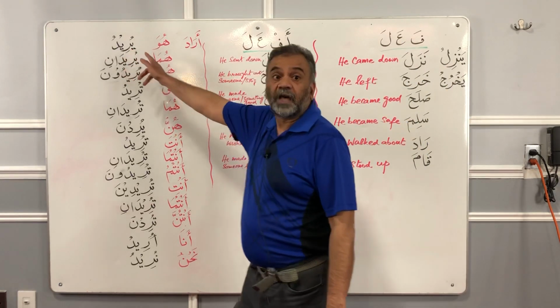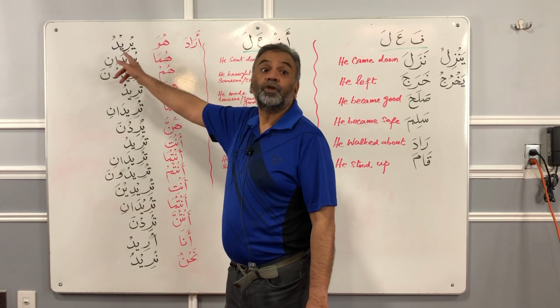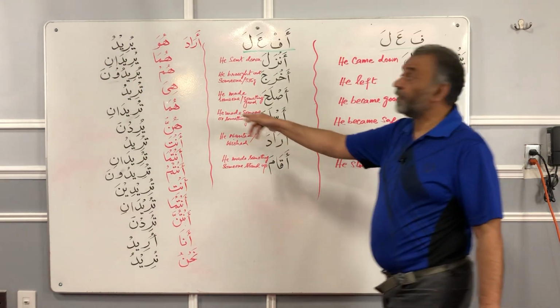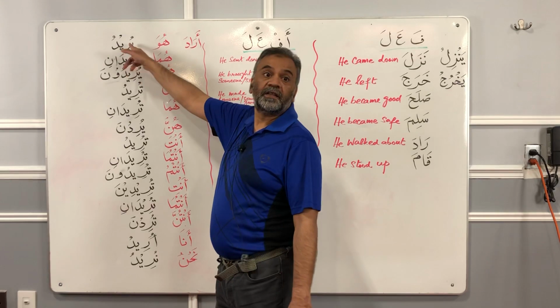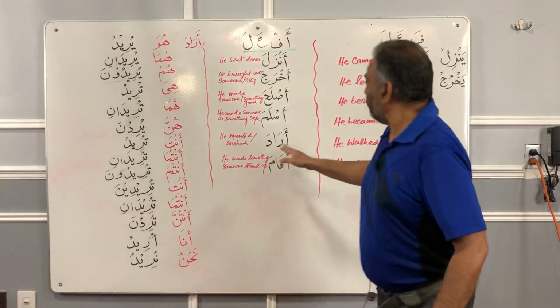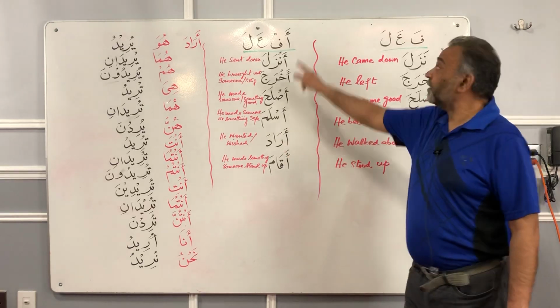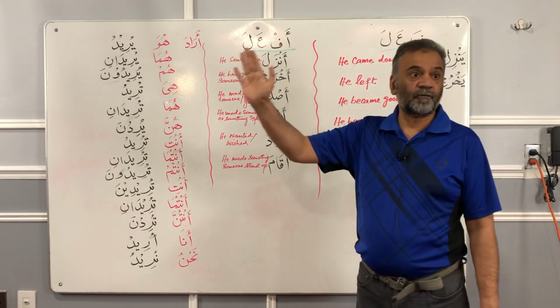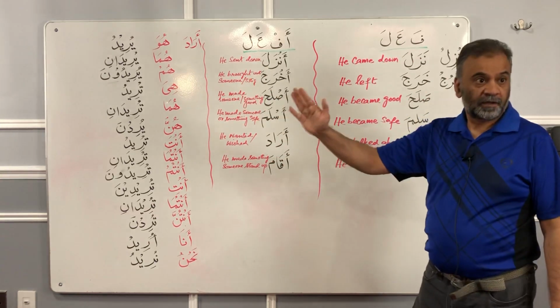What is the mudare for it? Yuridu. You see how there is an alif there, but now I see the ya there as an ain kalima. This is the augmented letter, the hamza, indicating to me that this is a form 4.